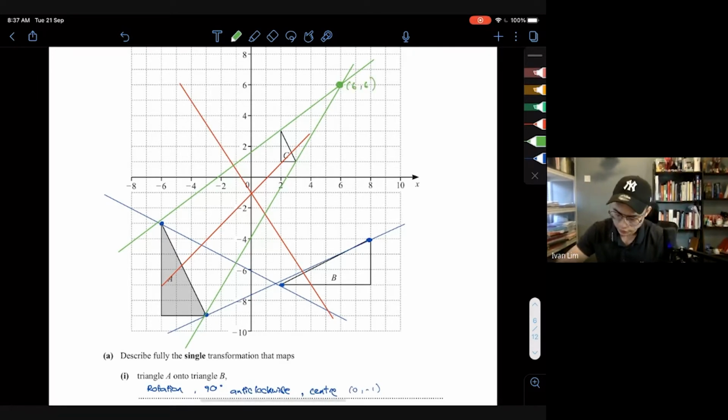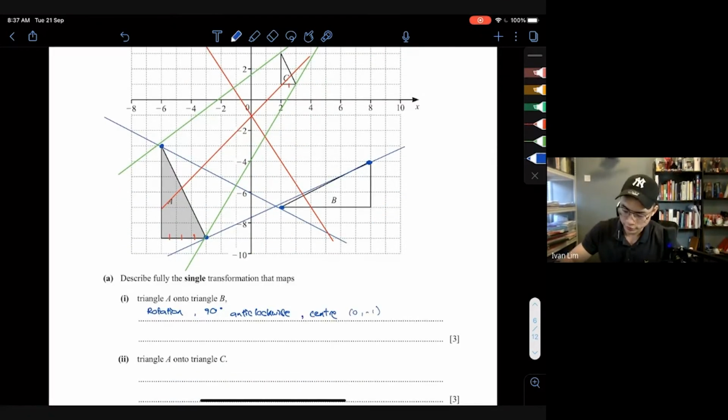6, 6. Okay, this shape is easy for you to measure. So you can just take one of the sides, then you just multiply it. So you see this, which one is the object, which one is the image? A is the object, C is the image, right? So you just need to calculate. Let's say we take the base 3 to 1.